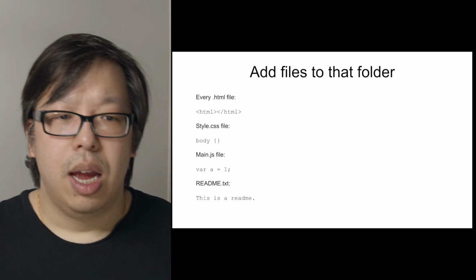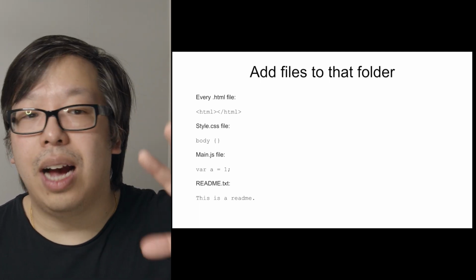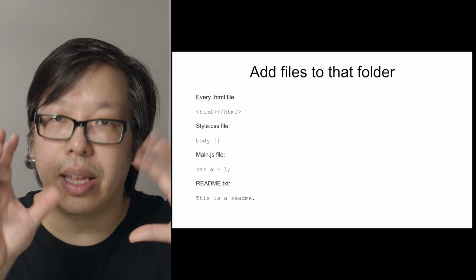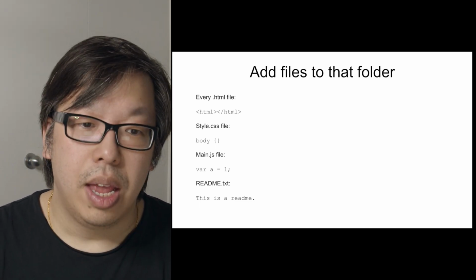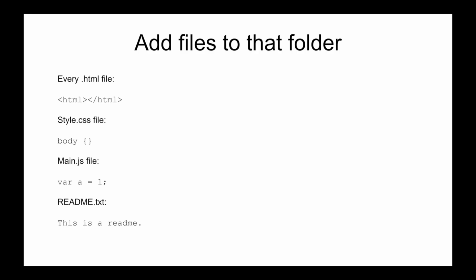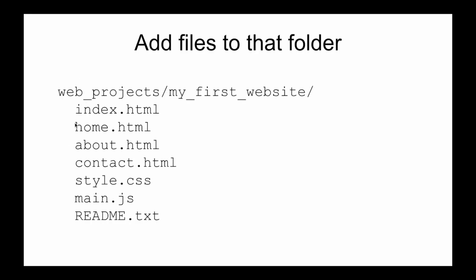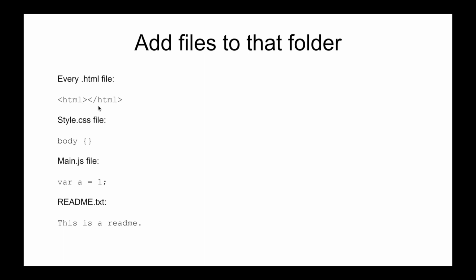Now, I want you to actually type some content in those files. In the first four HTML files, index.html, home.html, about.html, and contact.html, I want you to put this bit of text: a less than sign, HTML, a greater than sign, and then a less than sign, slash HTML, greater than sign.